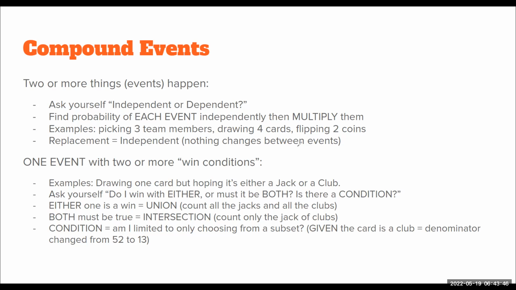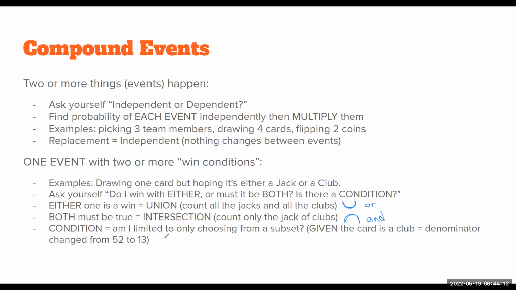By the way, the symbol for intersection is this. This is the intersection. The union is the exact upside down one, the one that looks like a U. So this is if either or can be true. This is if both have to be true. I have to have this and that, then it's an intersection.